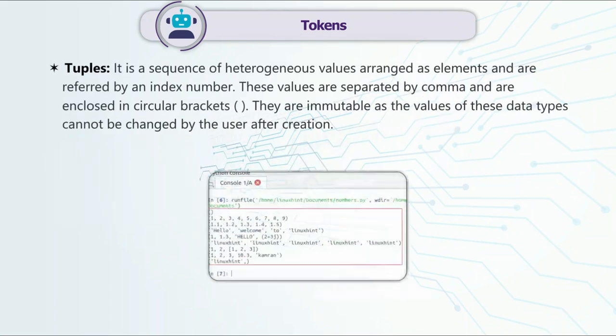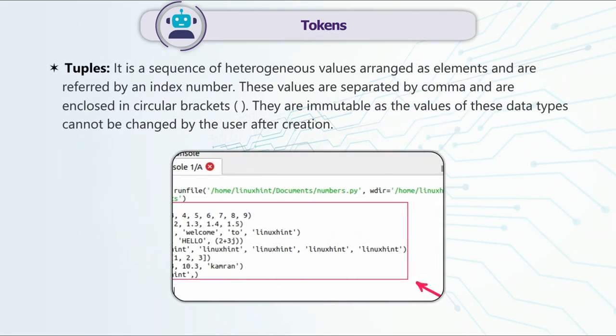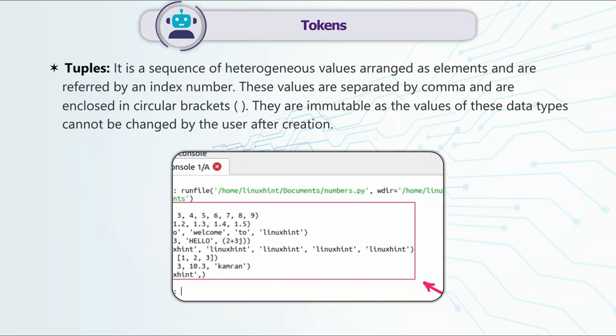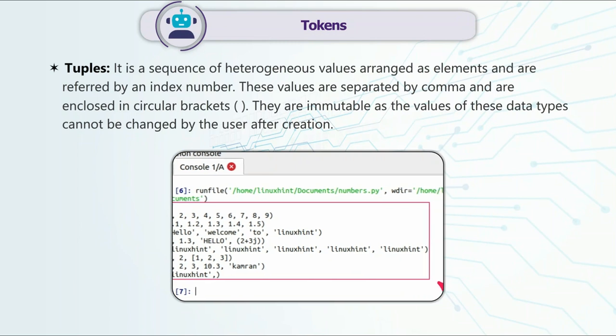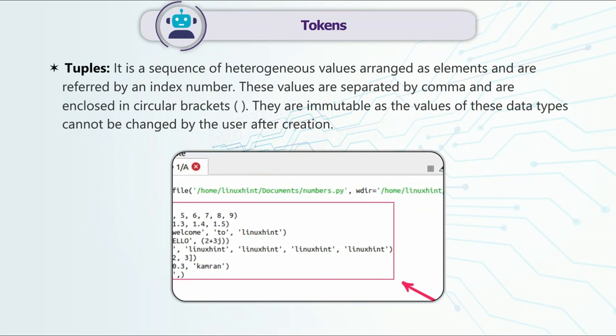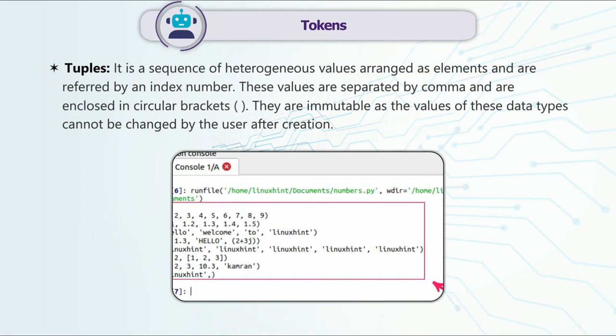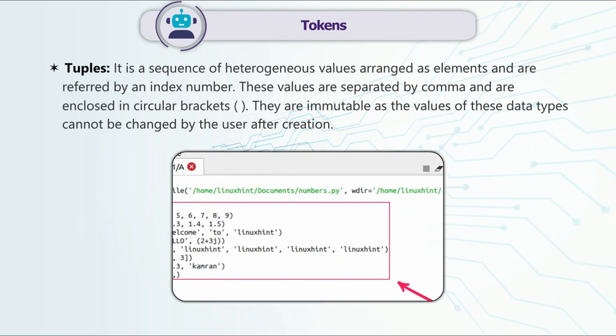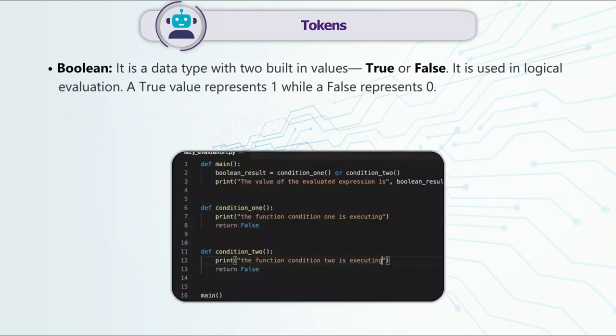For example, tuples. A tuple is a sequence of heterogeneous values arranged as elements and referred to by an index number. These values are separated by commas and are enclosed in round brackets. They are immutable as the values cannot be changed by the user after creation.